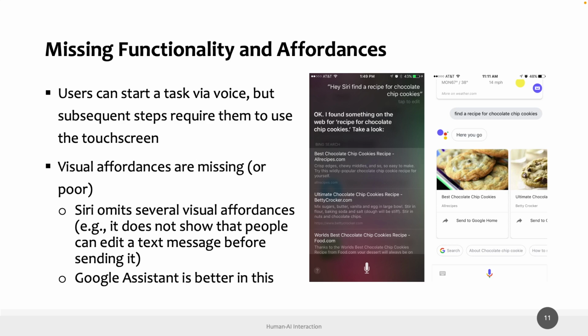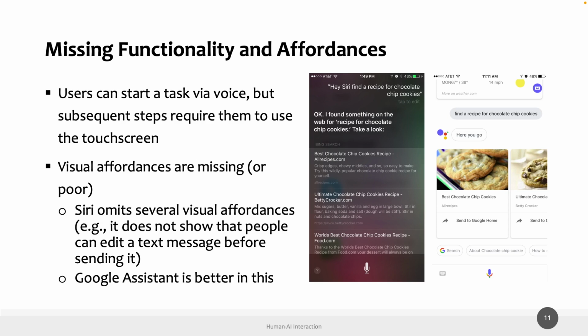And also visual affordances are typically missing in these devices. So Siri, for instance, omits several visual affordances when you are dictating a message. And the result is that you really don't know how you can, for example, edit a message before sending it.